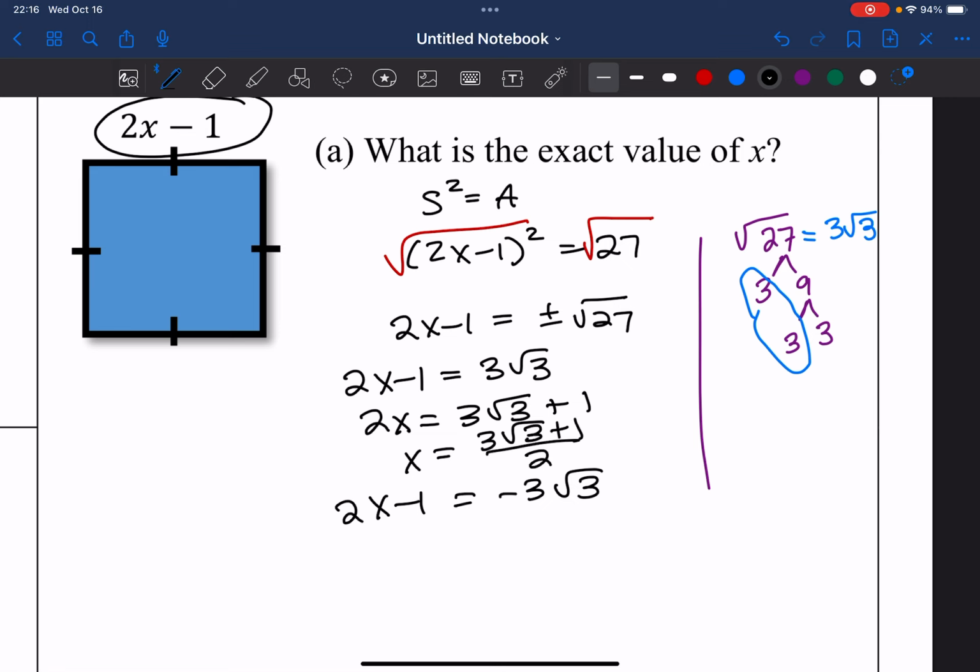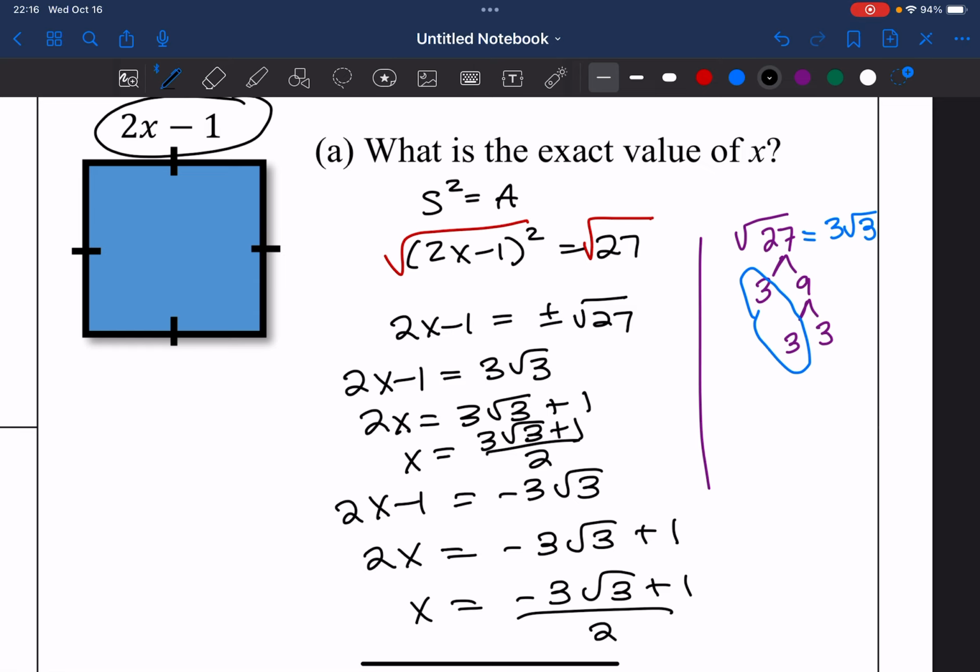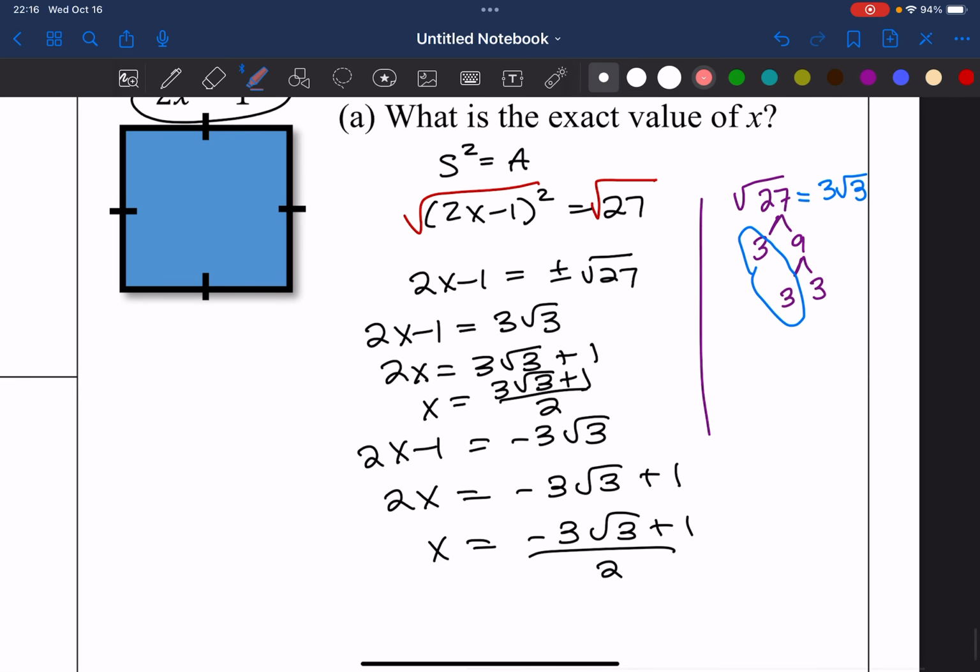And then the same with the other side. So I have 2x is equal to negative 3 square roots of 3 plus 1, and then x is equal to negative 3 square roots of 3 plus 1 divided by 2. Okay, so I have my answers here and here. But what I'm going to do is plug this into my calculator to give me the exact value of x.